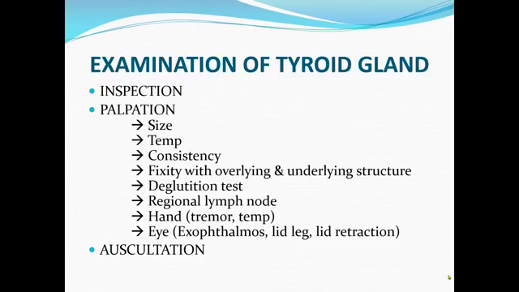If any tumor or neoplasm is present in one lobe, it is at the side of the neck. If a swelling is at the midline, it may be at the lower part, on the isthmus.